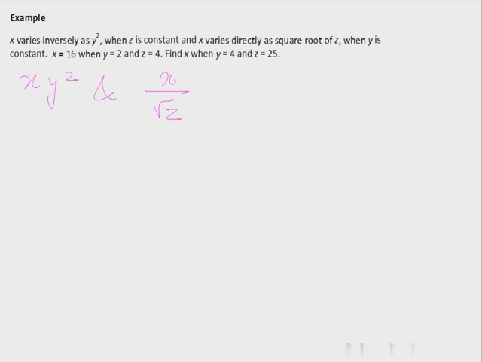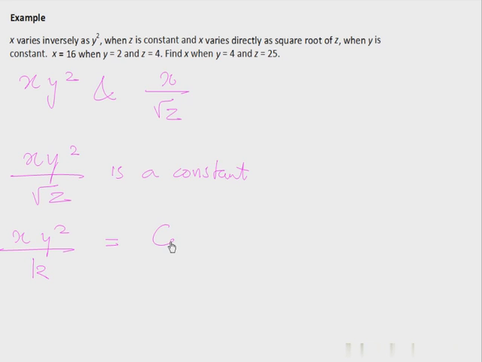So how do I relate both facts and get one nice expression? Here goes. I write xy square over root z is a constant. Let's try to justify this. First statement, x varies inversely as y square when z is constant. So if z is constant, this part is also a constant, and I'm saying it's equal to another constant.